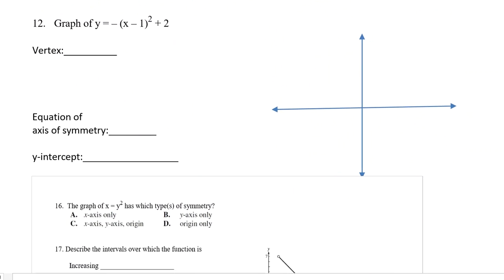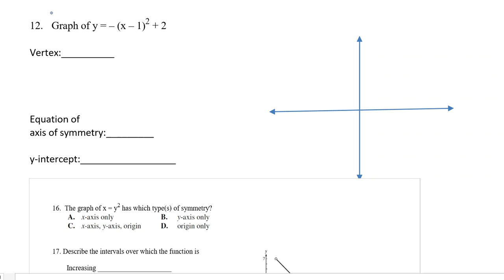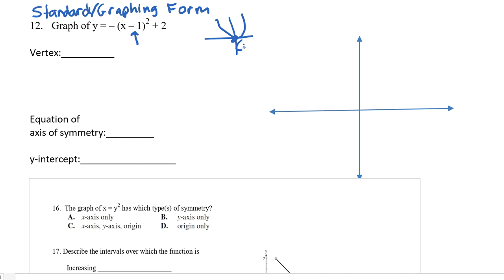And now we're doing a parabola in standard or graphing form. It's one that uses our transformations, which hopefully we've practiced often enough. Hopefully now you know that our basic parabola has its vertex at (0, 0). That is our y = x² basic parabola.